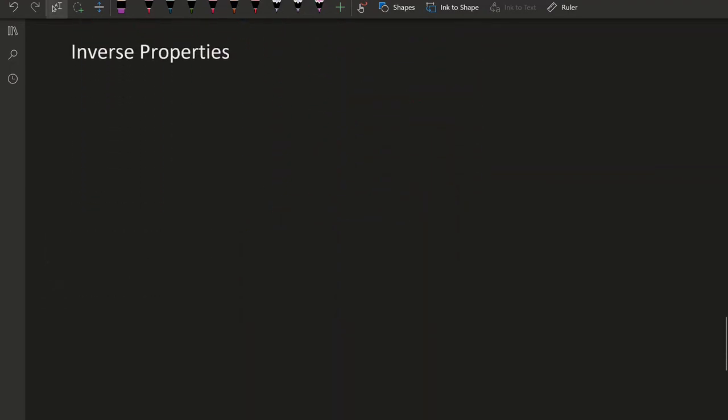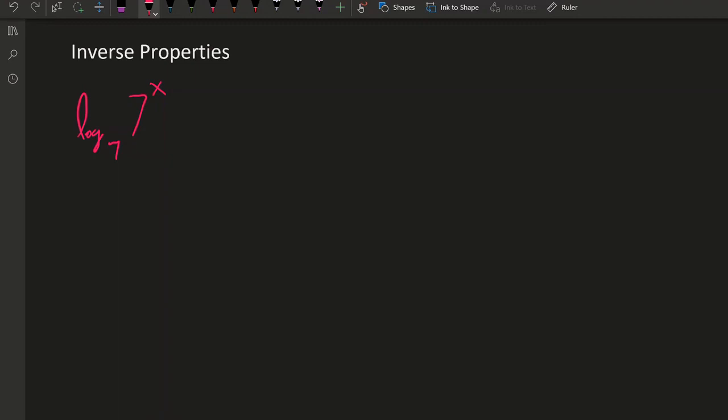Okay, inverse properties. Now this one's kind of interesting. If I have a log with a base here, let's say 7 again, and then 7 to the x, something weird happens here.